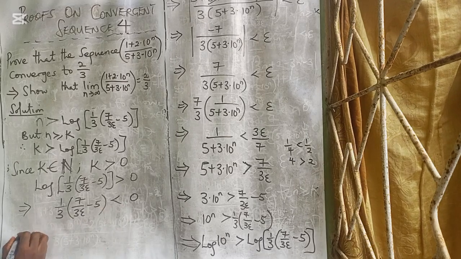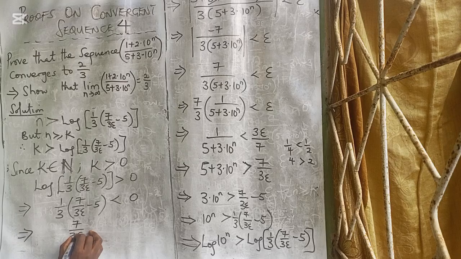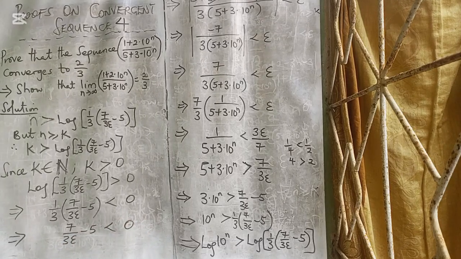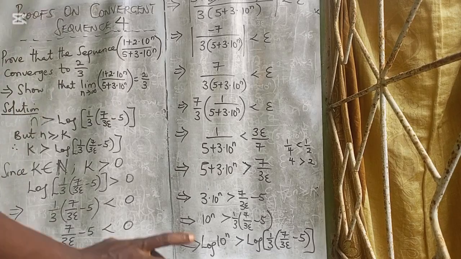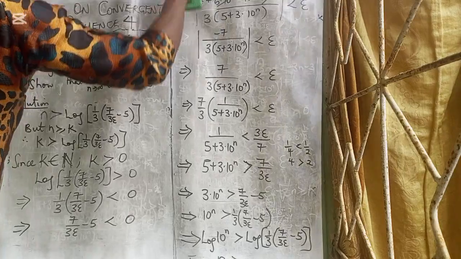By the time we remove our 3, multiplying both sides by 3, we have what? 7 over 3 epsilon minus 5 to still be less than 0. And if that is less than 0, what do we have next?